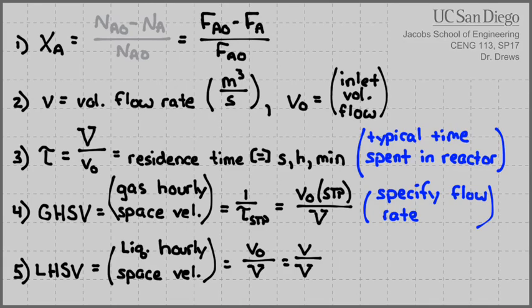Right, liquids are incompressible, so it's less necessary to define whether or not this is the volumetric flow rate at the inlet of the reactor or at the outlet of the reactor, because they're the same thing. It is relevant in the gas hourly space velocity because this is going to change. We're going to look at that next class to figure out how that volumetric flow rate term changes as you move from one side of the reactor to another.